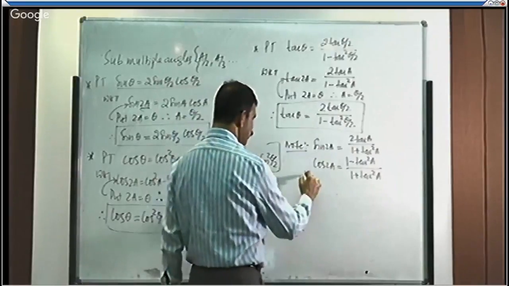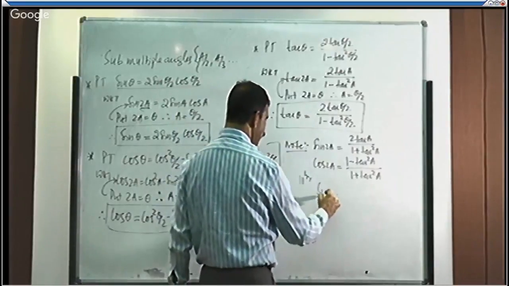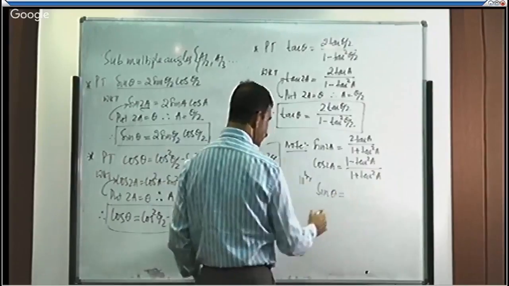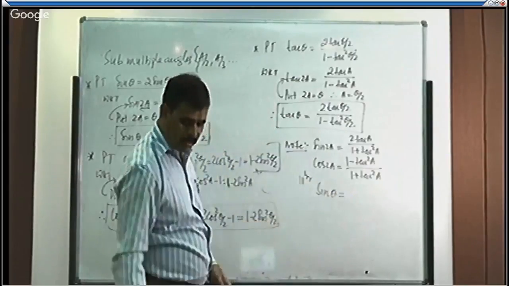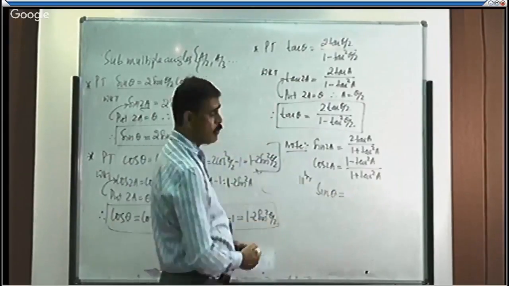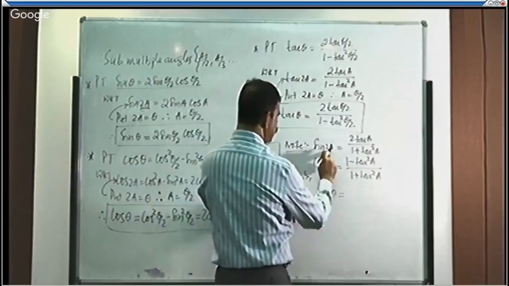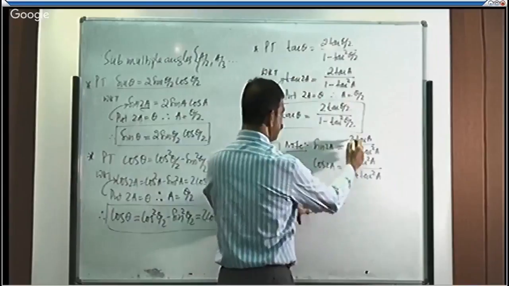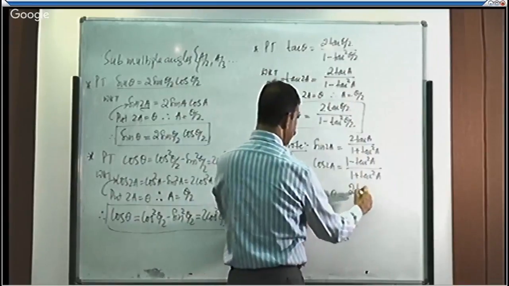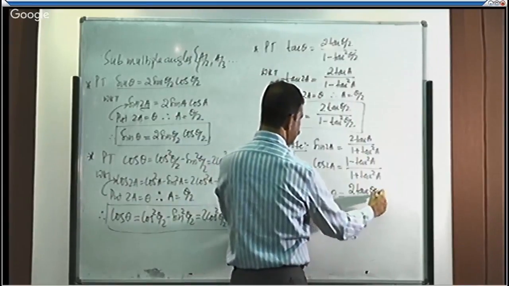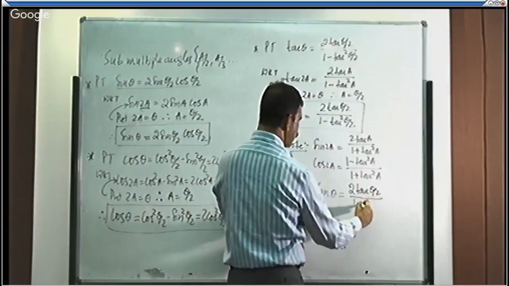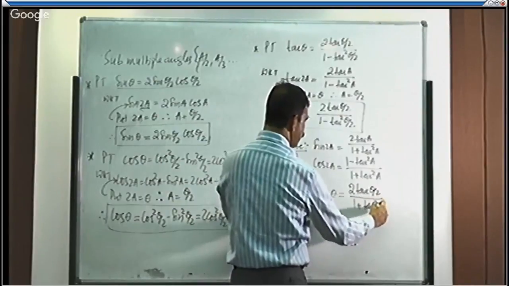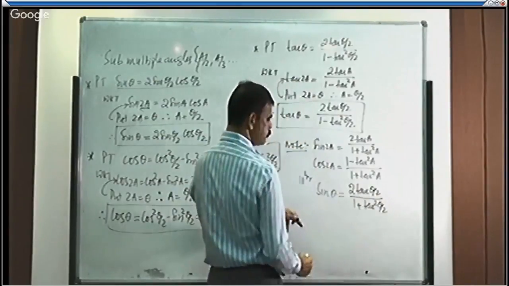Similarly, sin theta can also be expressed in terms of tan theta by 2. Substituting this relation in the above, sin theta is 2 tan theta by 2 divided by 1 plus tan square theta by 2.